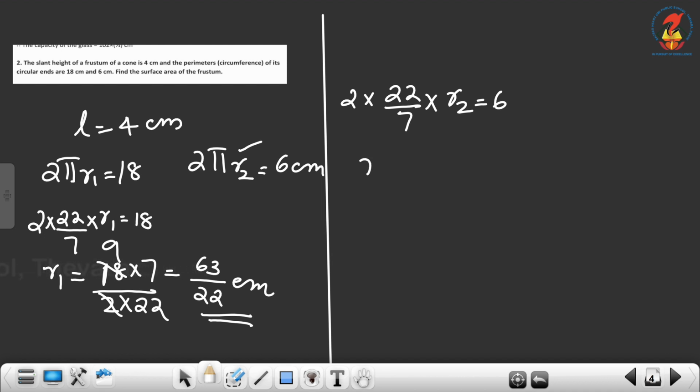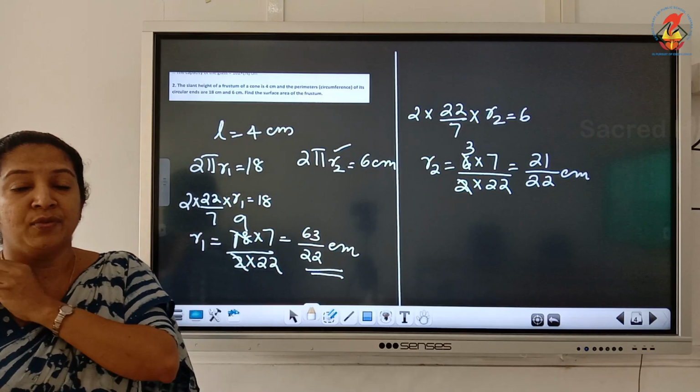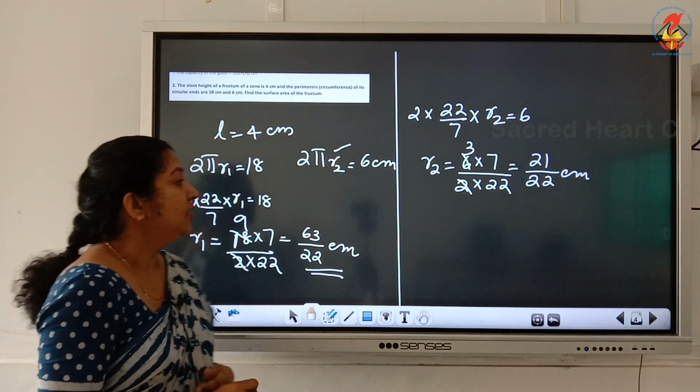So R2 is equal to 6 into 7 divided by 2 into 22. Cancelling this, we are getting 21 by 22 centimeter. So we got R1 and R2.